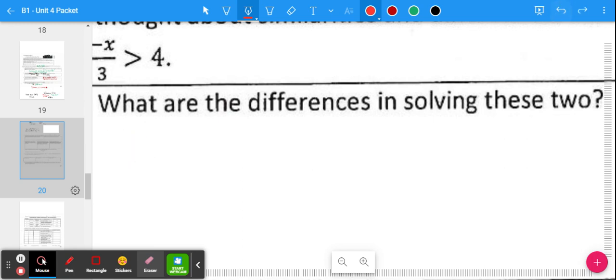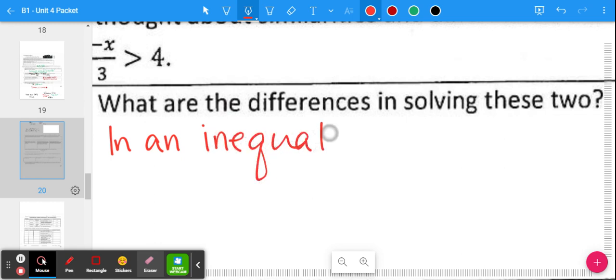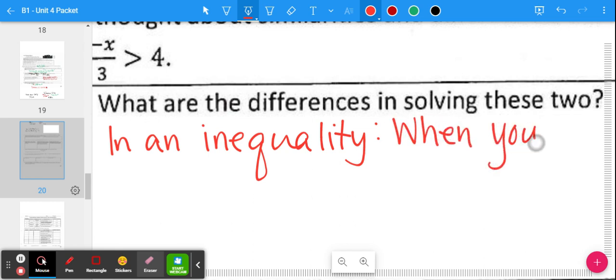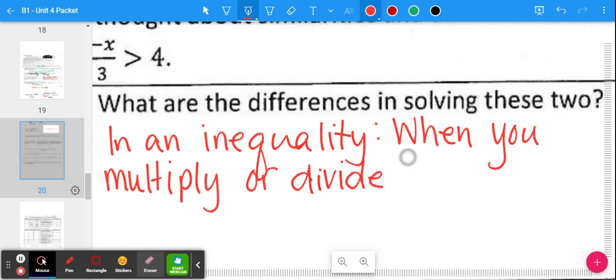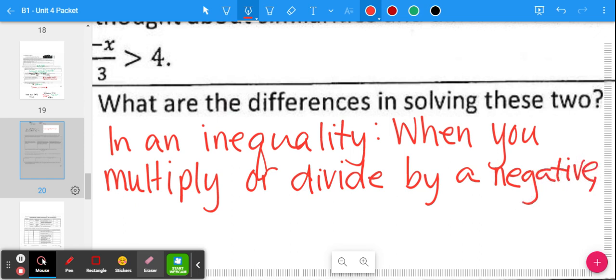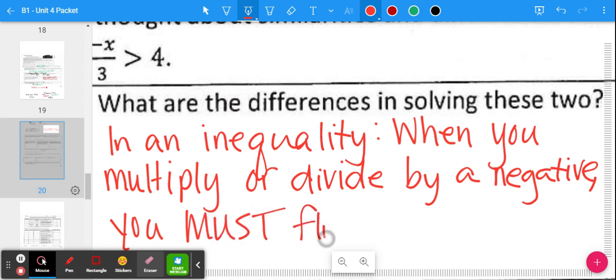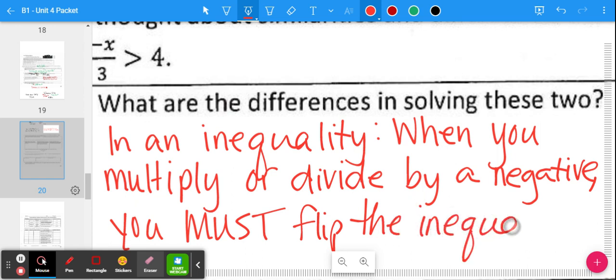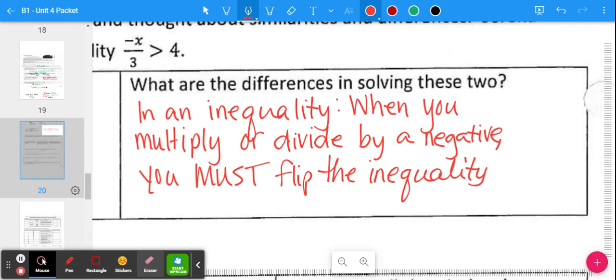So in an inequality, when you multiply or divide by a negative, you must flip the inequality symbol.